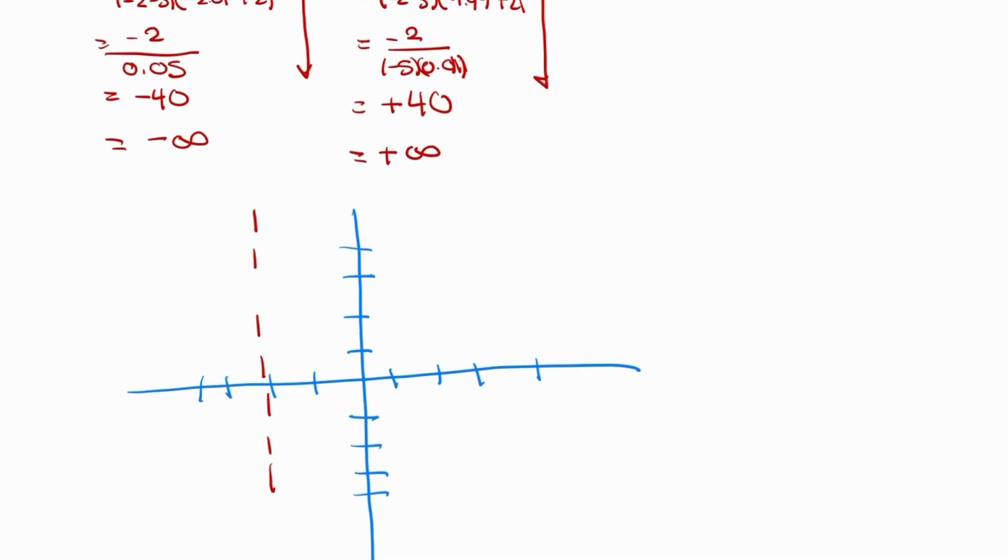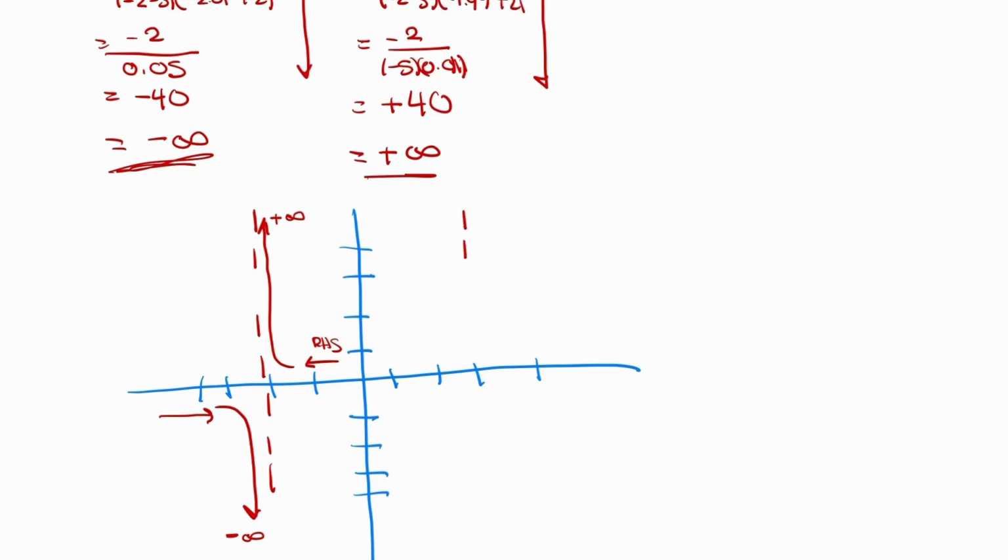And this is telling me that as we're approaching -2 from the left-hand side, my function is going to be approaching -infinity. As it's approaching from the right-hand side, however, it is going to be approaching +infinity.